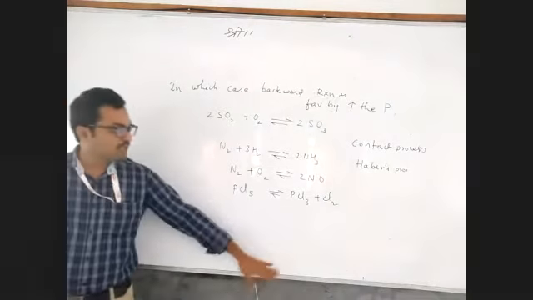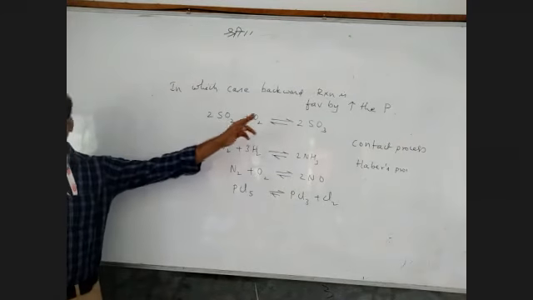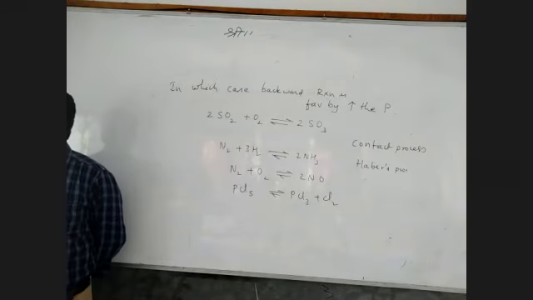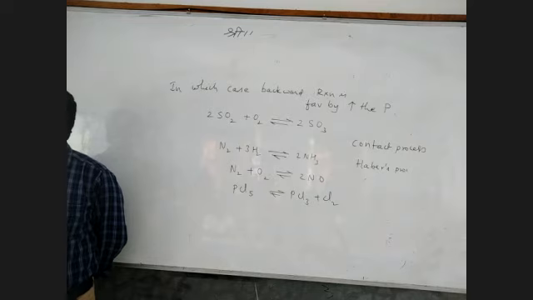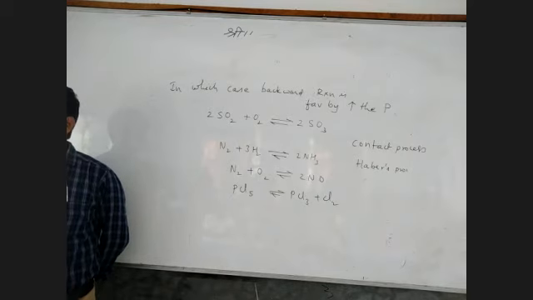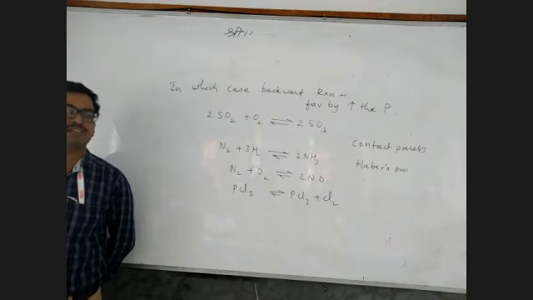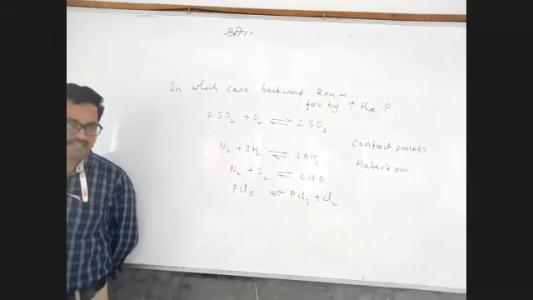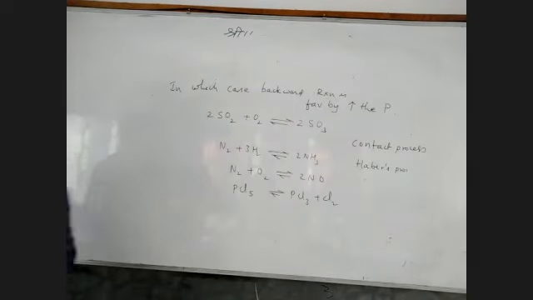So how to do this? Favored means what? What do you mean by favored? In favor. Whenever you find a reaction is favorable, that means the forward reaction, reactants to product.